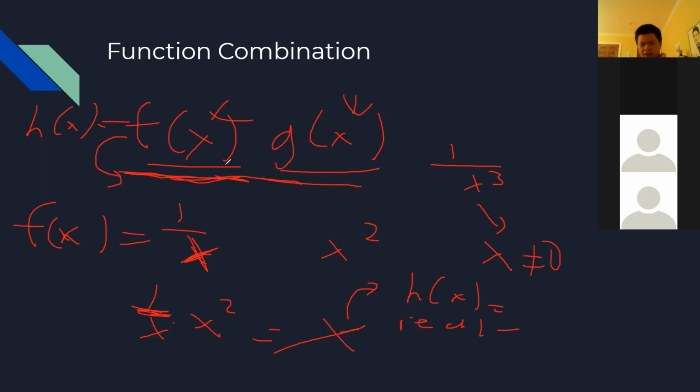You could also see it as the intersection of these two domains, any number that is shared between these two domains. So this is all real numbers, this is all real numbers minus 0, so it's all real numbers minus 0.